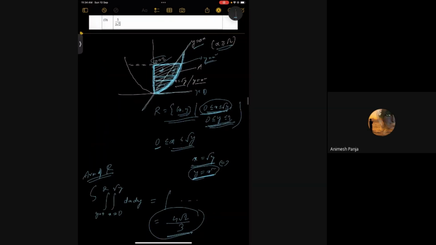Now, look at this line, y equal to alpha x, and we are given that alpha is greater than or equal to root 2. I checked it by myself, but you can also check. So when y equal to 2, look at this, consider any line which passes through this point as well.